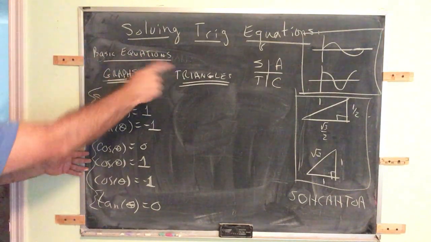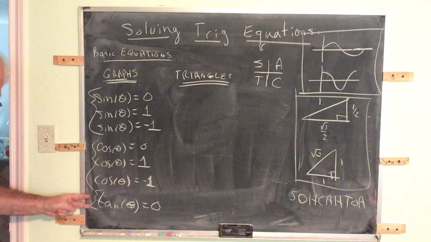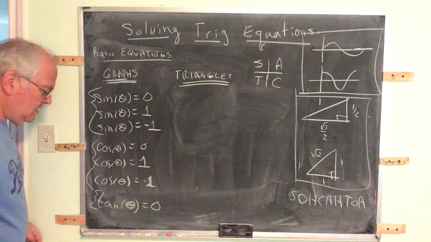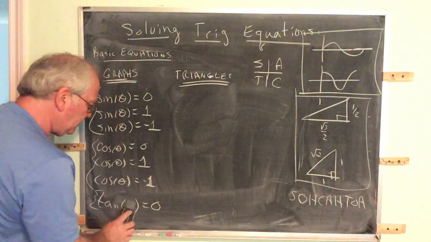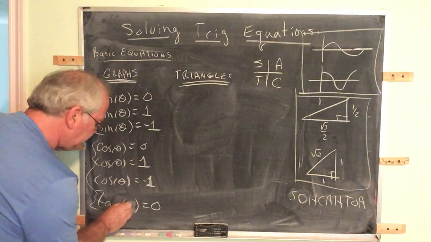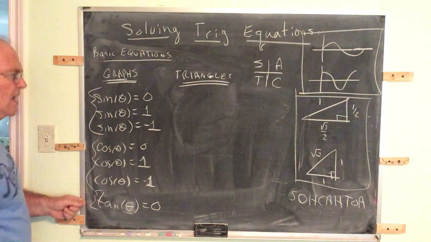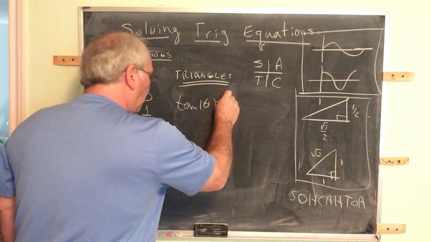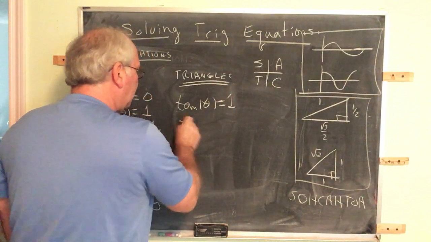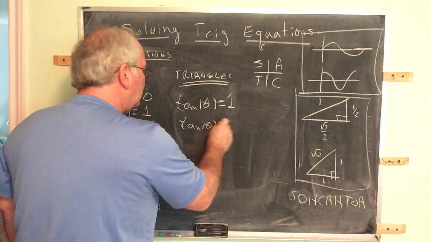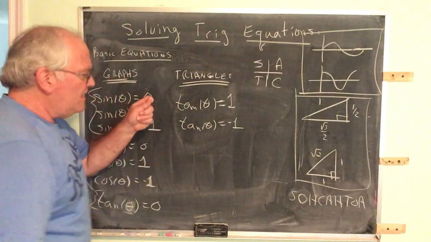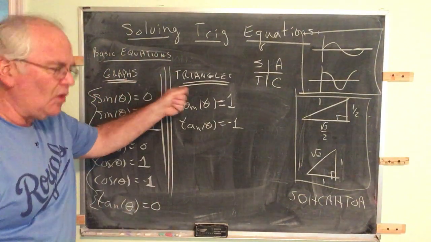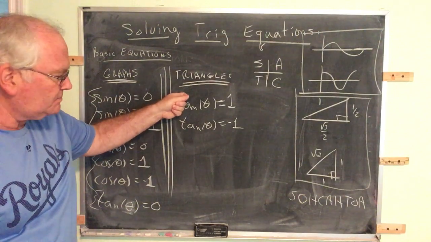These three can be solved with the graphs. Tangent of theta is equal to 0 can be solved. But tangent theta is equal to 1, or tangent theta is equal to negative 1, these two are in the triangle category.